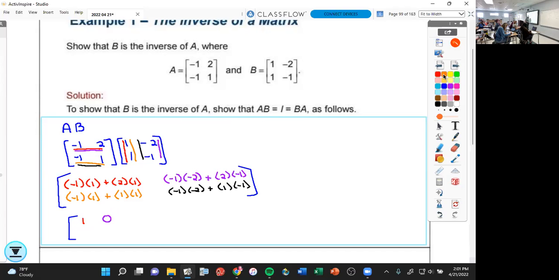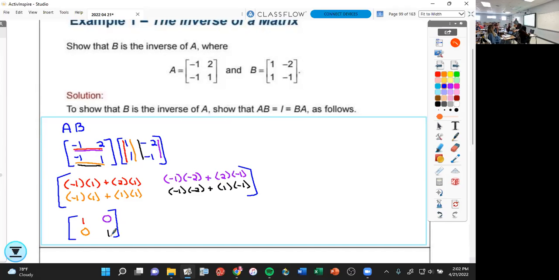Row 2, column 1: -1 times 1 is -1, 1 times 1 is 1, -1 and 1. And finally, -1 times -2 is 2, plus 1 times -1, 2 minus 1. Is that the identity? Okay. I wanted to do that just to practice again multiplying matrices.